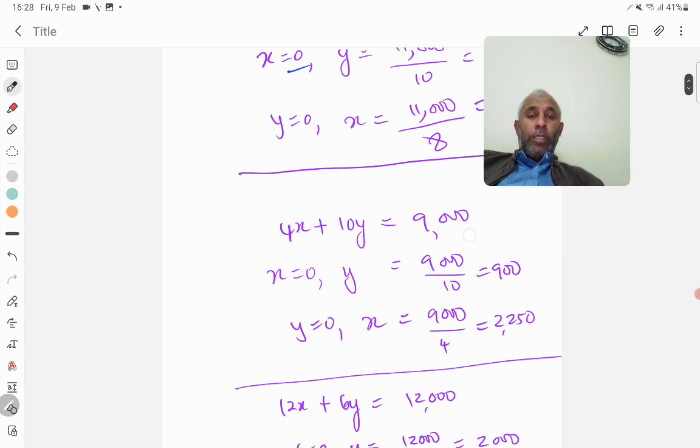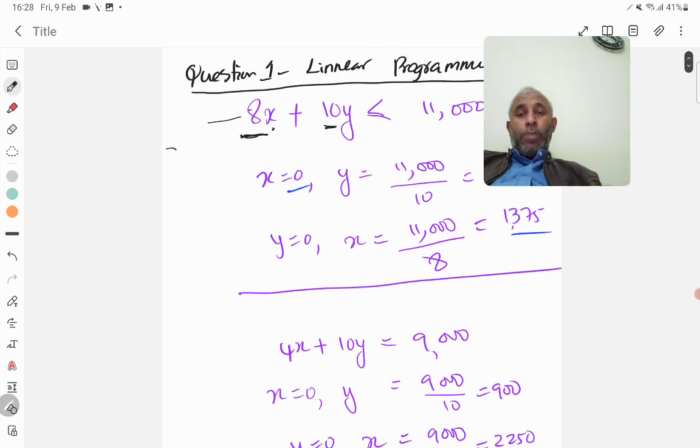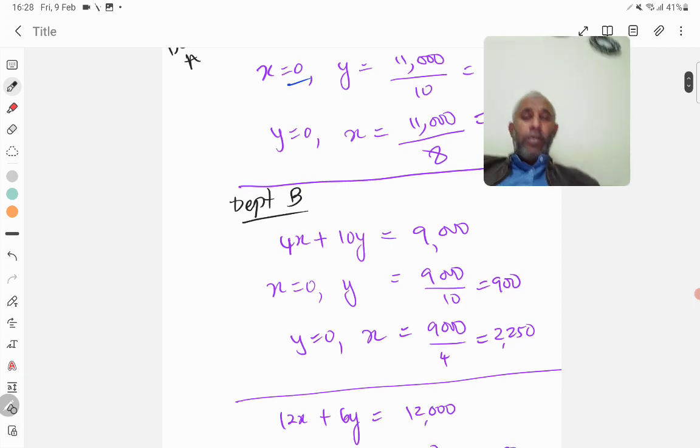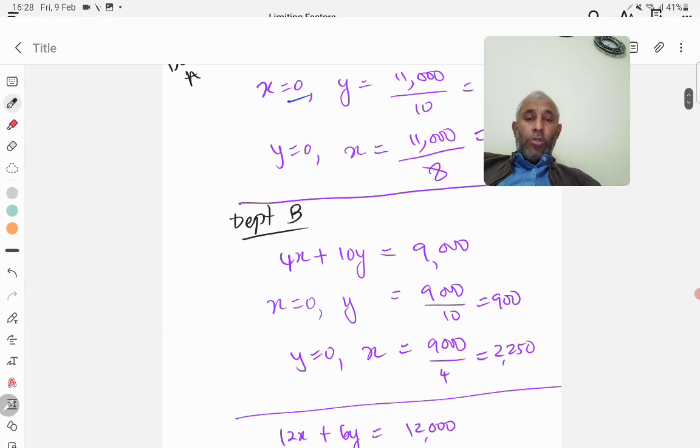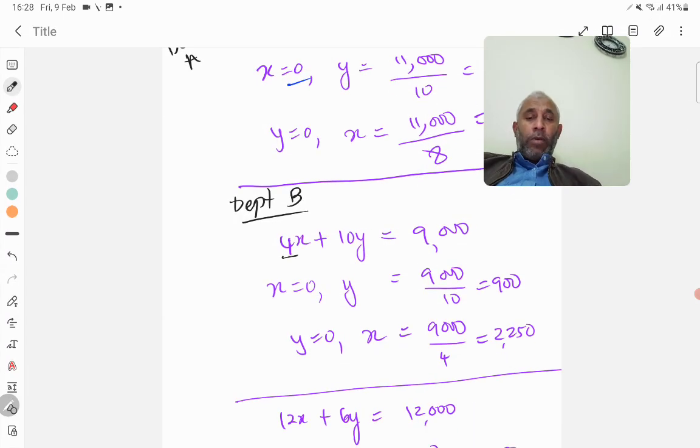So this is department A. The second one is department B. Same method: you can see here 4 hours of R and 10 hours of S. So 4x + 10y ≤ 9,000.